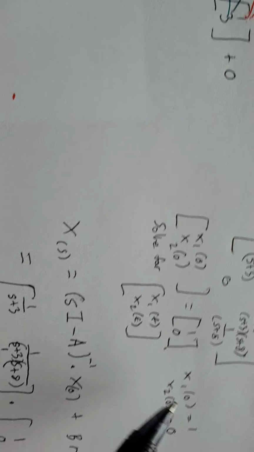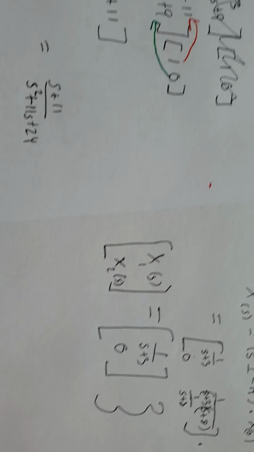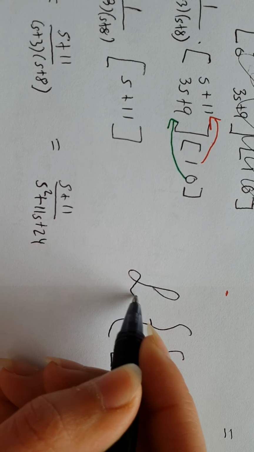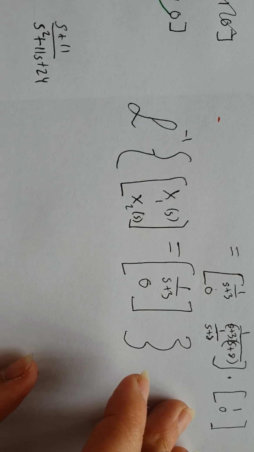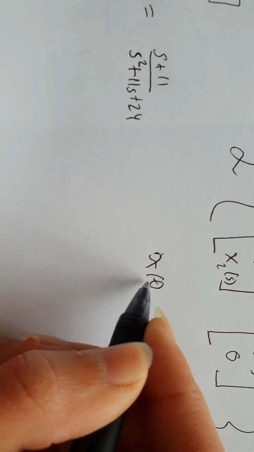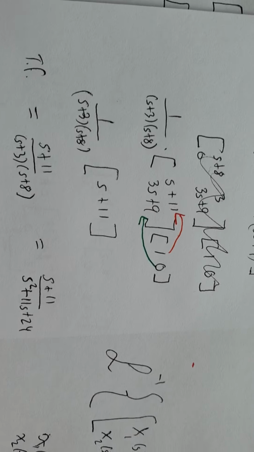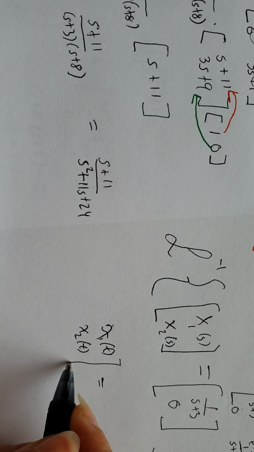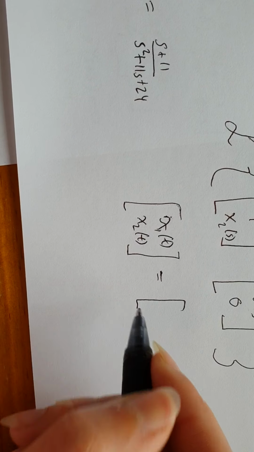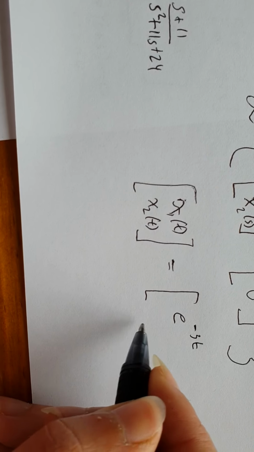Now to find our x of t, we will take the inverse Laplace, and then we'll have our very easy x of t: e to the minus 3t and 0.